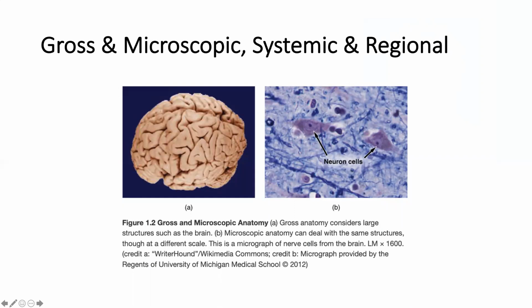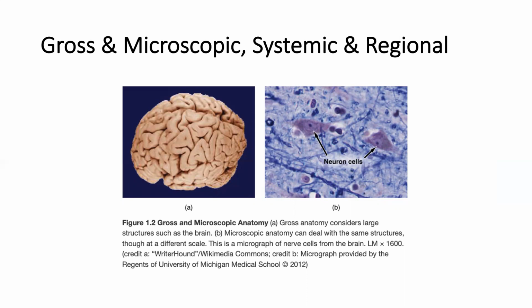Of course, in anatomy we have two portions: one is gross anatomy and the other is microscopic anatomy. Let's say we are looking at the brain tissue, the brain itself. It is something we can see with our naked eye, and that is gross anatomy.